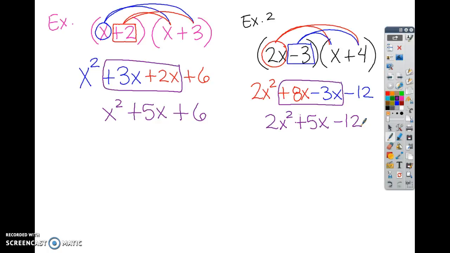Now we're going to do box method on both of these. And I'm going to do the exact same problems that I just finished doing, but I'm going to do box method on both of them. So let's go ahead and write down box method.